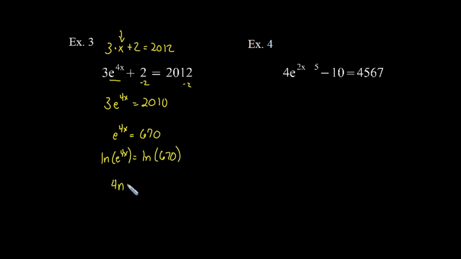This gives us 4x is equal to the natural log of 670. That will be 4x, and then we will divide by 4. So the natural log of 670 we will divide by 4. And it's always good to wait till the very last step to round.